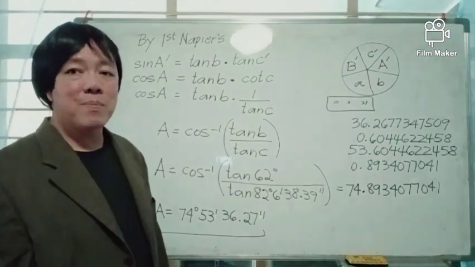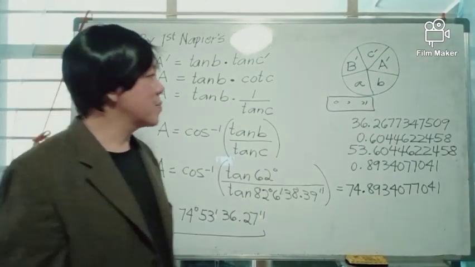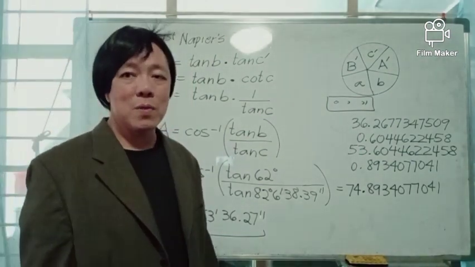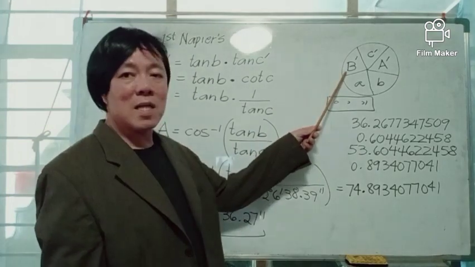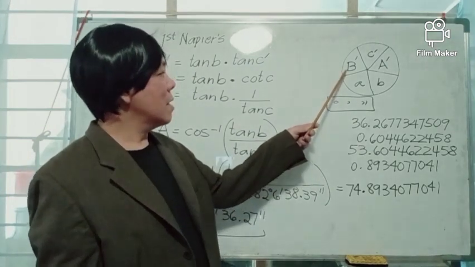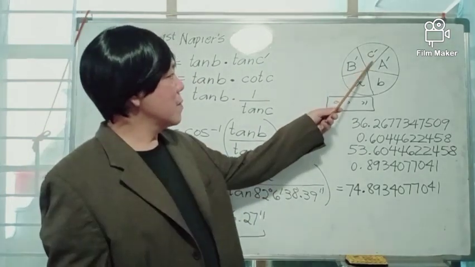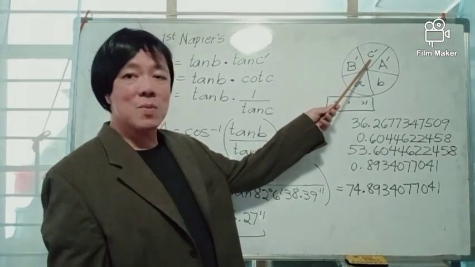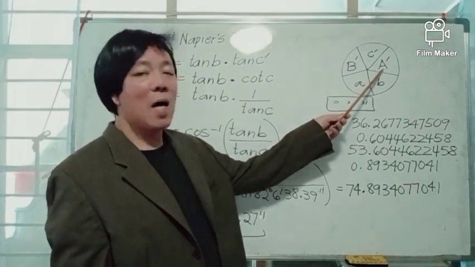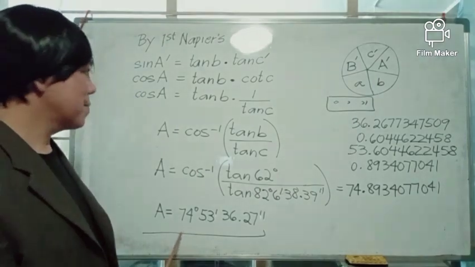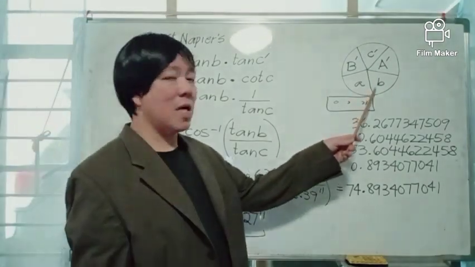Now, the only part of the spherical triangle that is unknown is the angle capital B. And we now have the angle small c, we have the angle capital A, and these two sides are given.